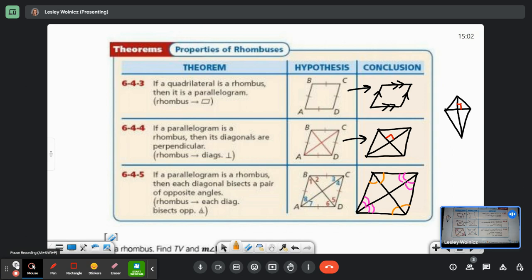So if you have a figure and you have opposite pairs of angles being bisected by the diagonals, I think this one goes backwards and forwards. How does it go backwards?